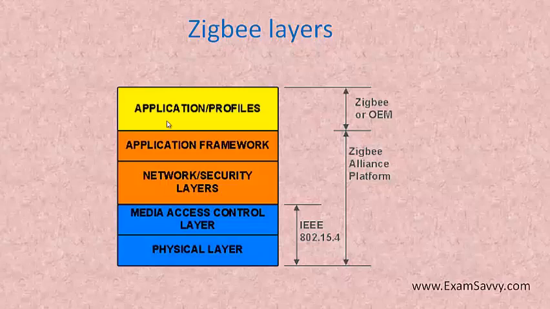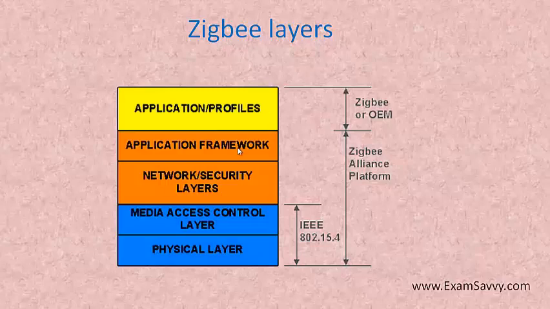It is also responsible for fragmentation and reassembly of packets, whatever data we are transmitting. And if this layer is there, then the data transportation will be reliable. This is called ZigBee or OEM. OEM is nothing but original equipment manufacturers. So this is called the application or profile layer.